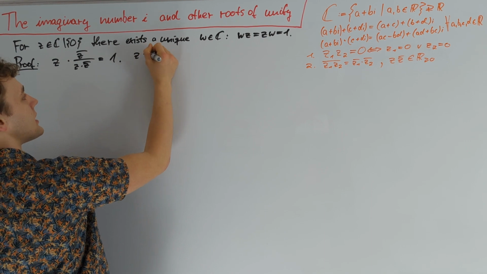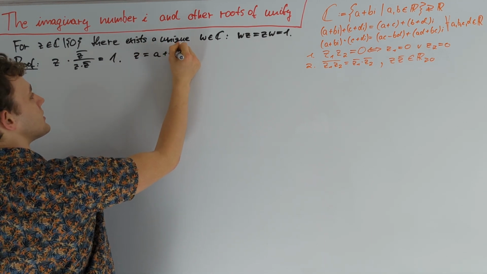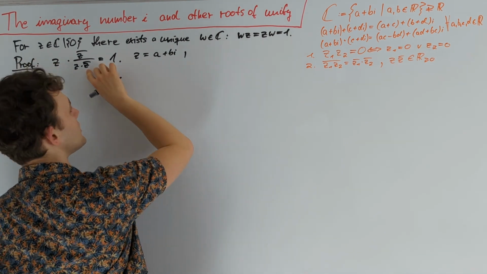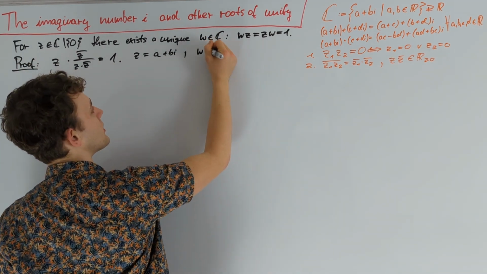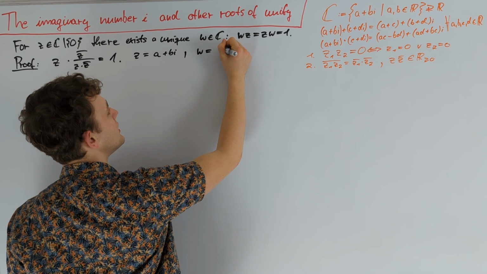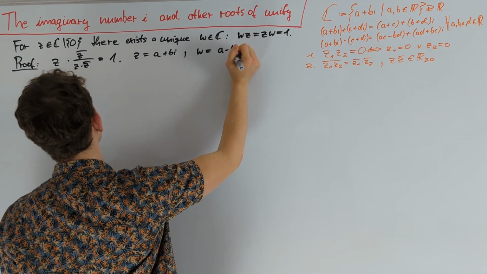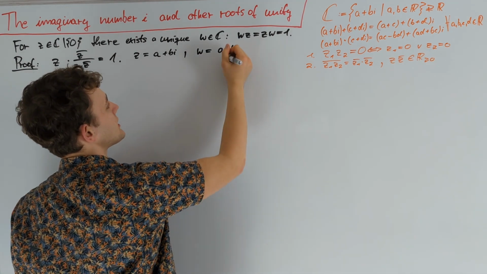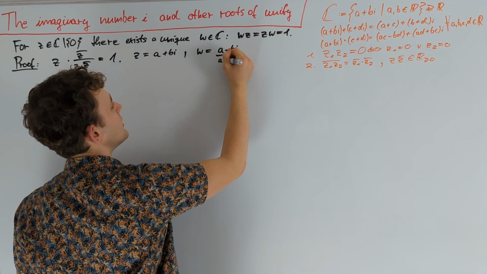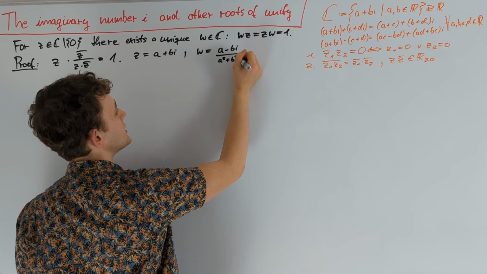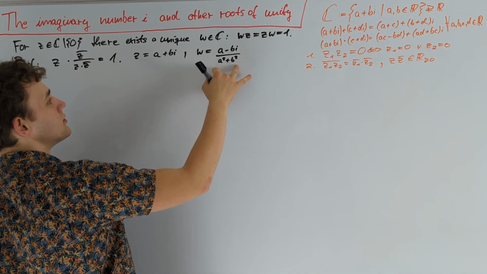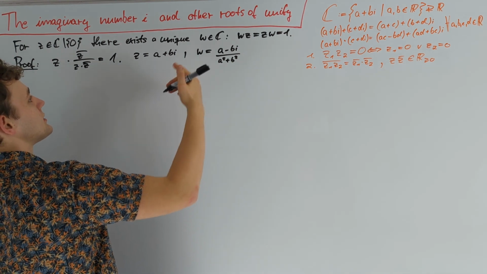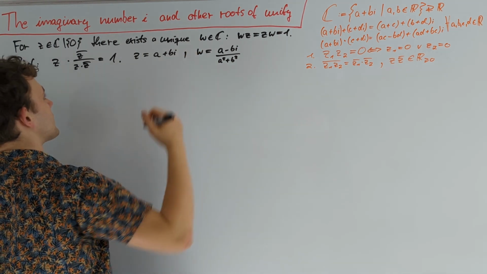Therefore, if z is equal to a plus bi for real numbers a and b, we can write w in this way. Namely, we want that w is equal to a minus bi divided by z z bar, and you will have seen in the previous exercise that this is equal to a squared plus b squared. So indeed, this is a solution to our equation, and so we have proven the first part, namely the existence of such a w of our claim.